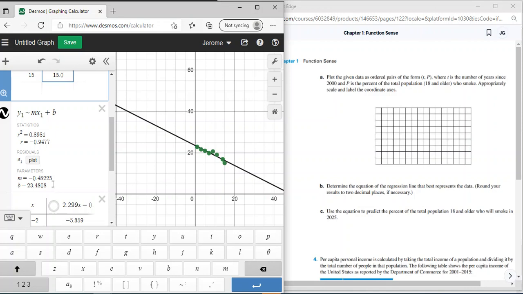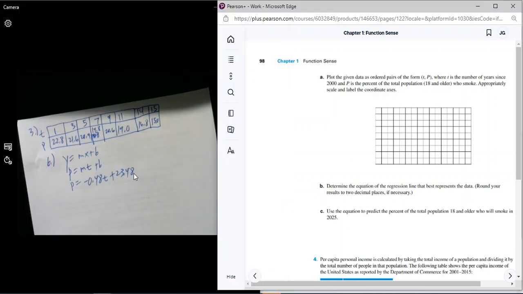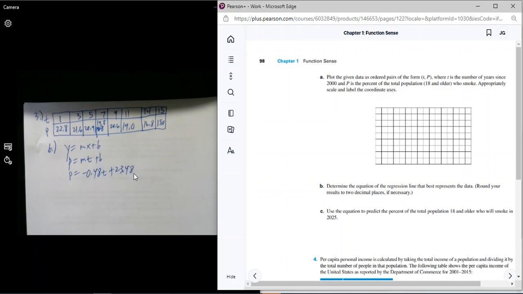P is equal to the slope, a negative 0.48. We're just rounding to 2 decimal places here because it tells us to do that in B. T plus 23.48. So that would be our equation.